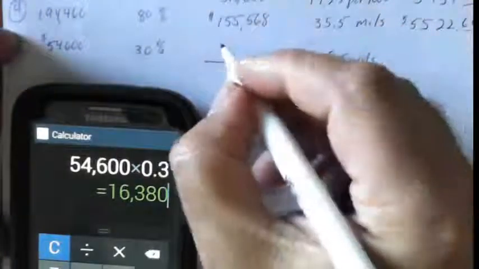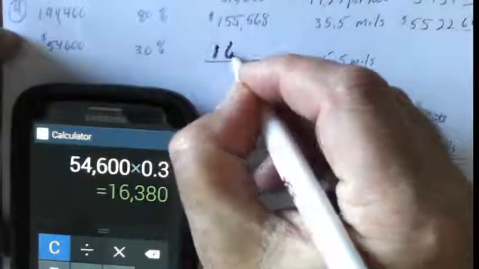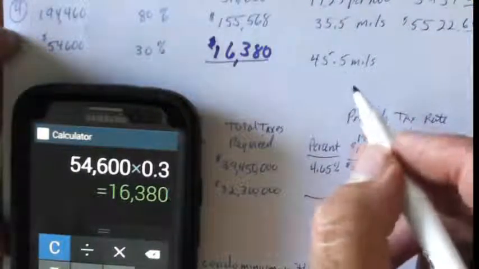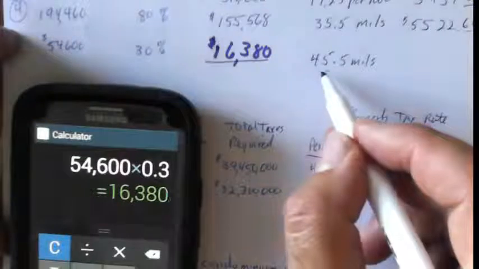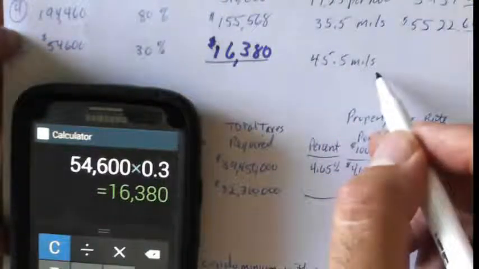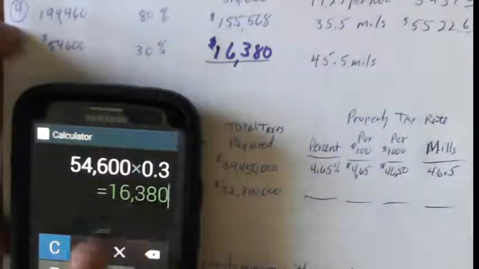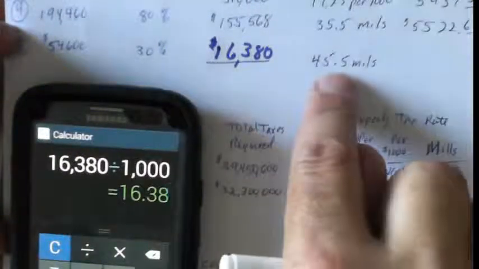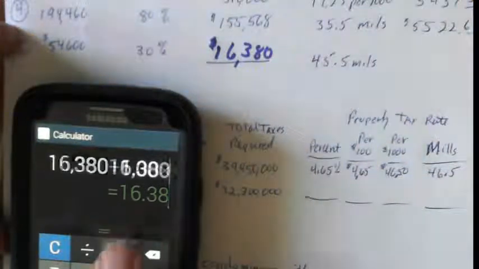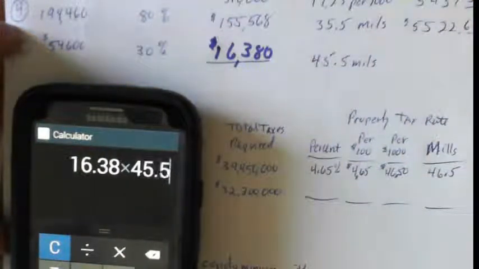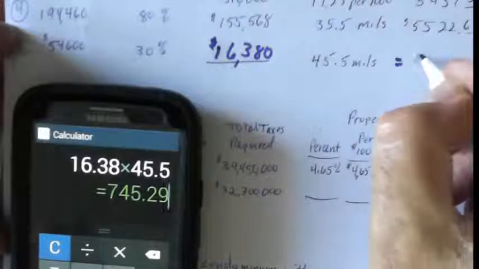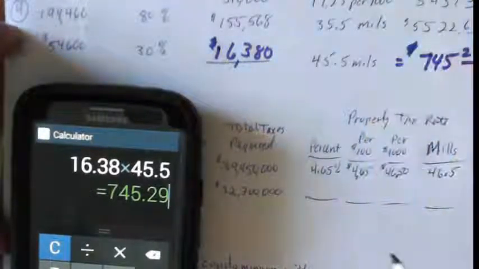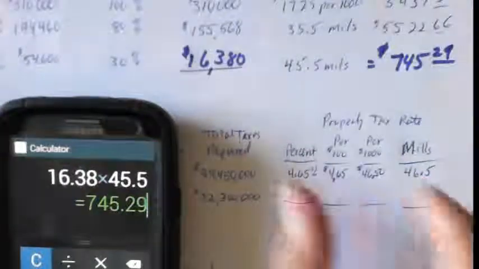So the assessed value then on number 8, okay, and it's 45.5 mils, and that's per 1,000. So let's divide that by 1,000. Okay, and now we're going to multiply it by the rate. I wish I had a property tax bill like that.